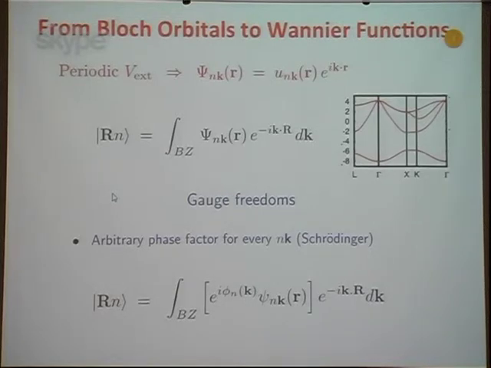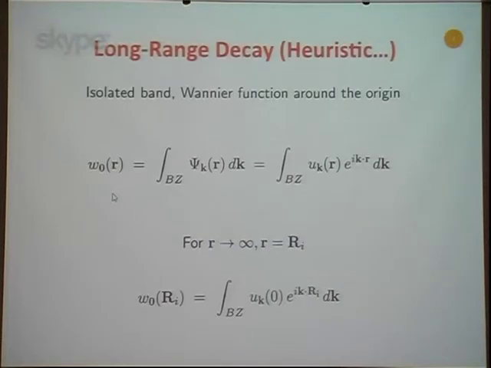But first, I want to give you a very coarse feeling of the fact that this Wannier function R of n should actually be localized. That is, it should decay to 0 as you go very far away in space.